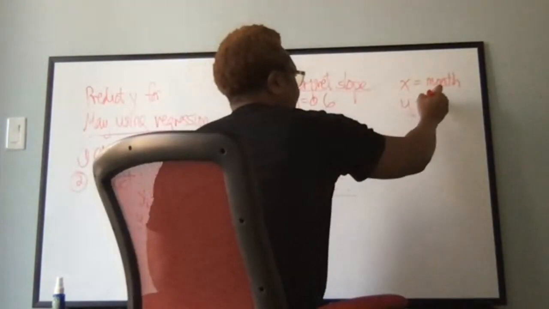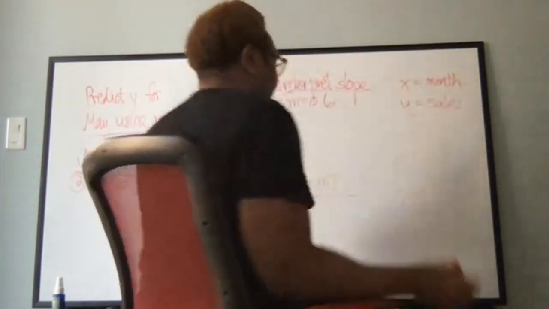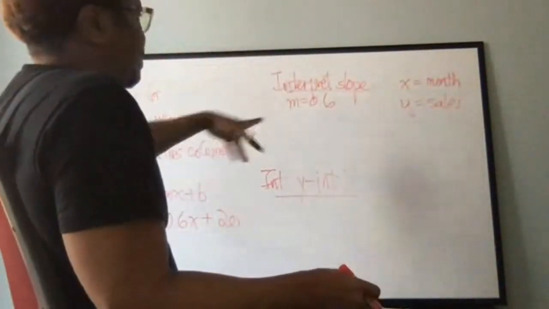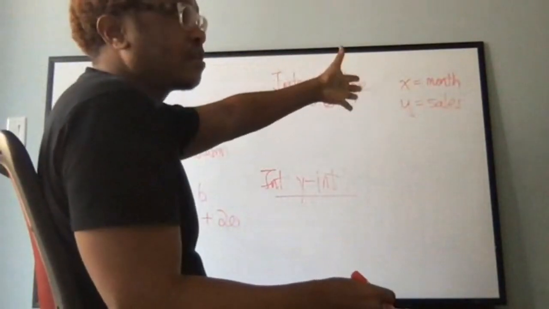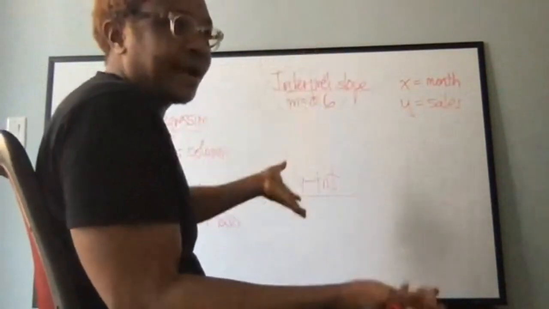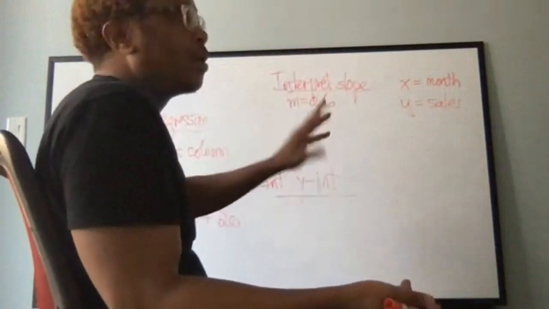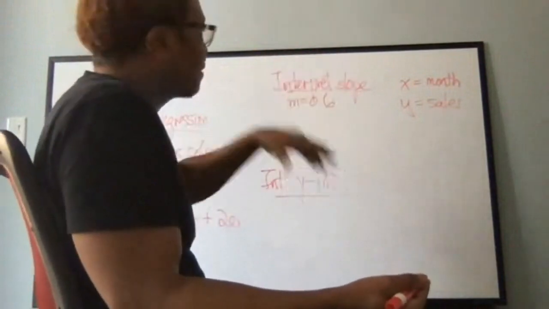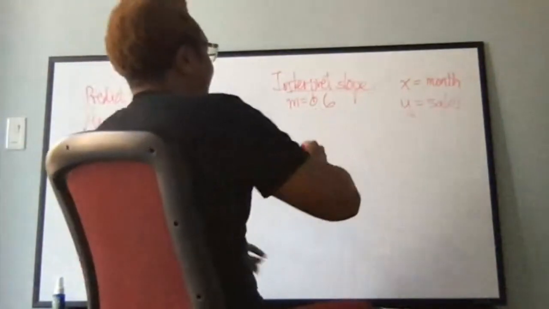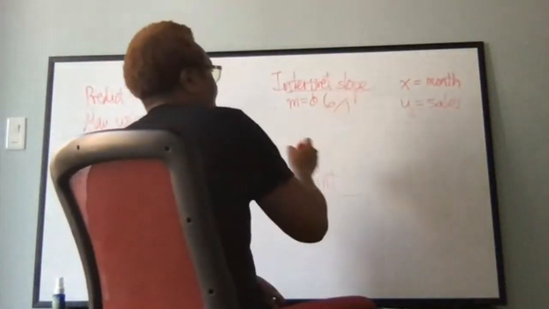And then let's say y was sales. So in this case, for time series, the x is always going to correspond to the time, whether it's January, February, March, or 1982, 83, 84.